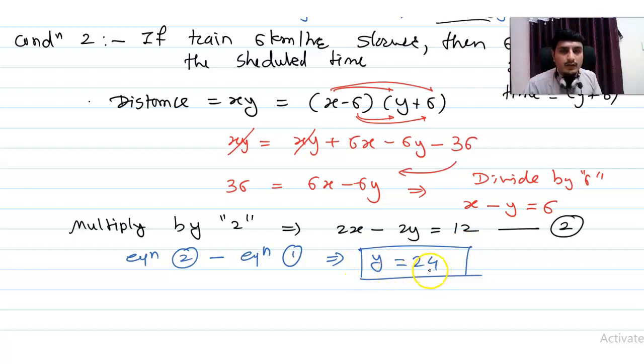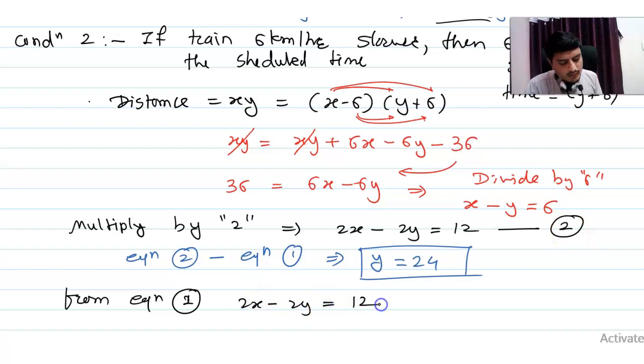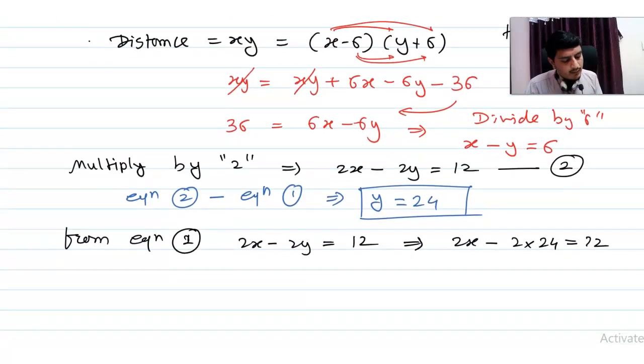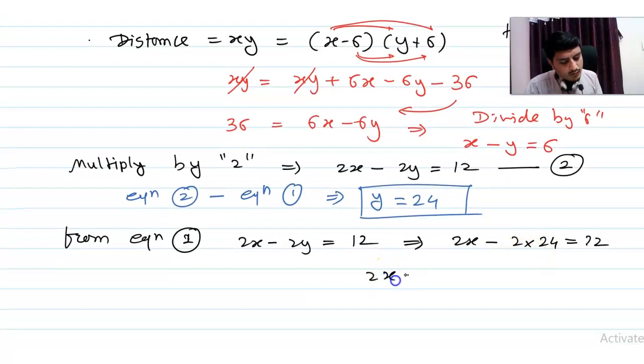That means the time required is 24. Now evaluate the original speed of the train, since distance is of the form speed into time. To evaluate the value of x, we take equation number 2, of the form 2x minus 2y equals 12. That implies 2x minus 2 into the y value of 24 equals 12. 24 twos are 48, so 2x minus 48 equals 12.